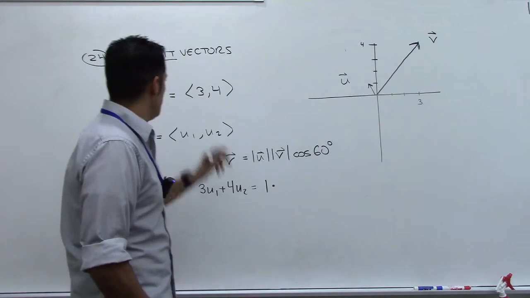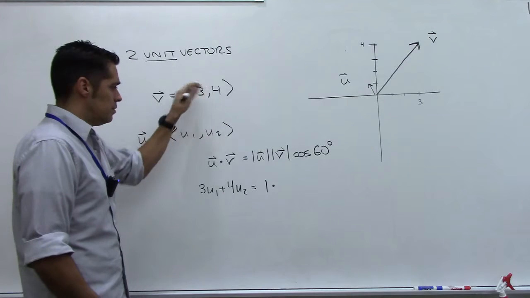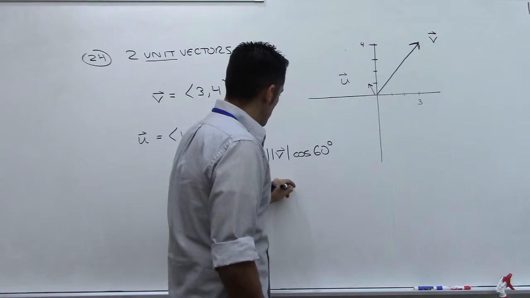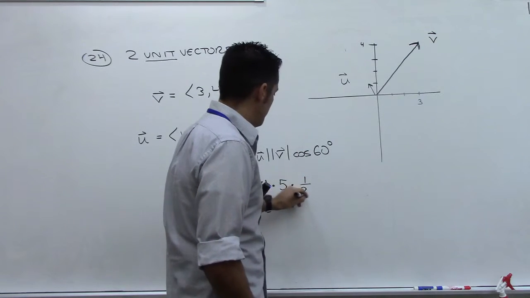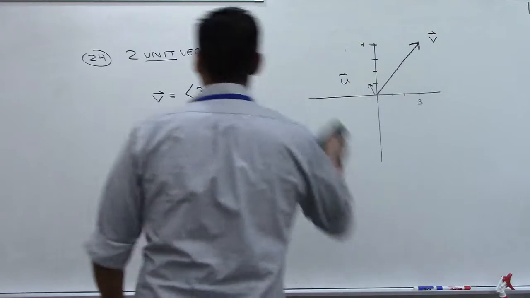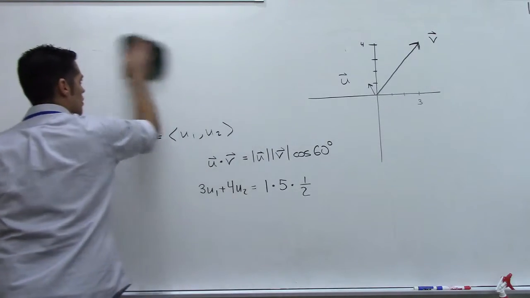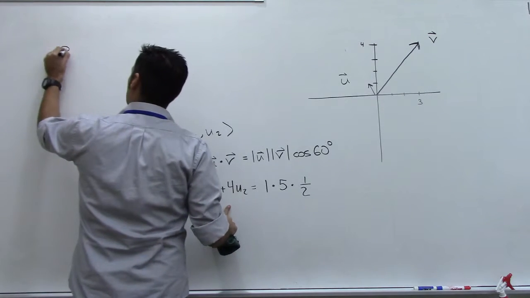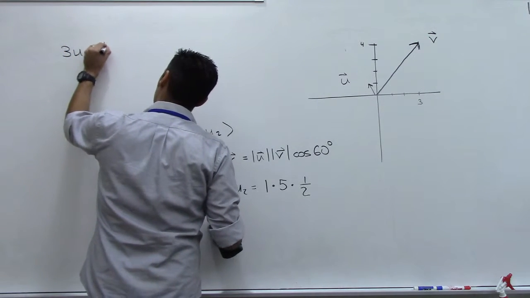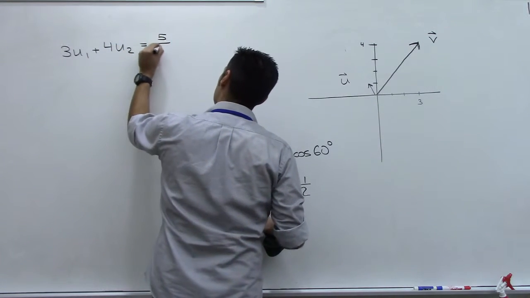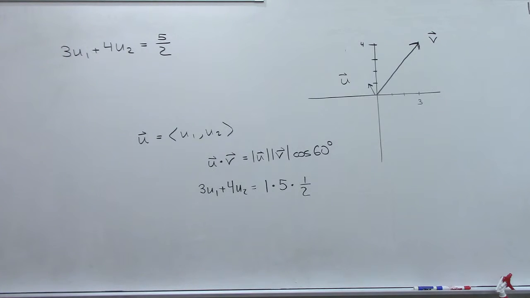And the magnitude of v, if I square each component and take the square root, should be 5. And cosine of 60 degrees is 1/2. So far, trying to find my u, I know that 3u1 plus 4u2 must equal 5/2, multiplying out the right side.